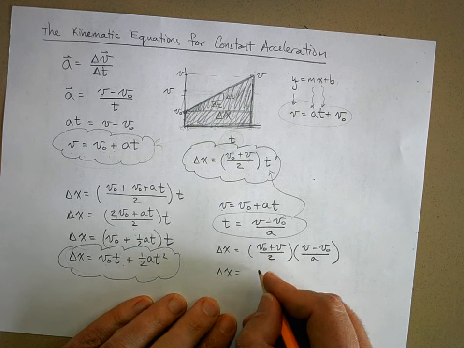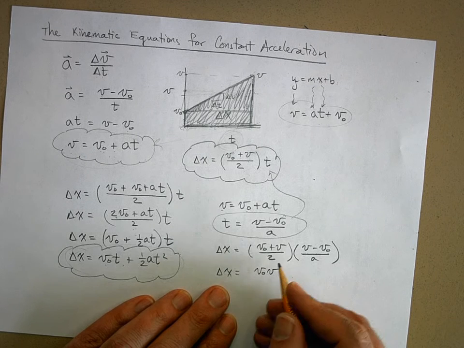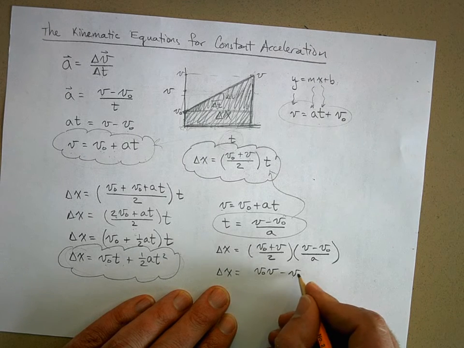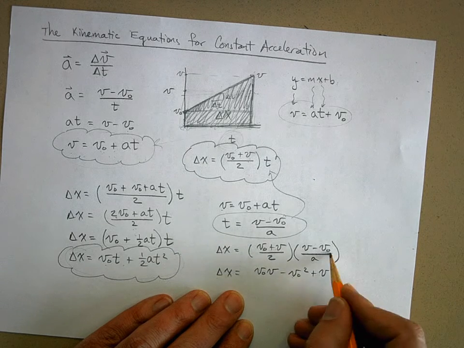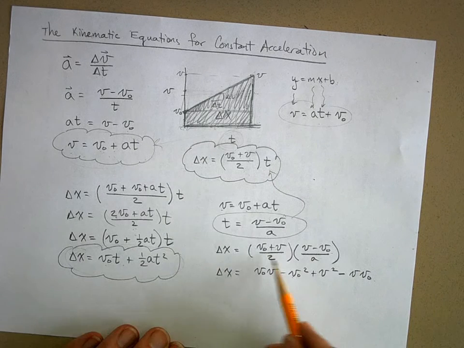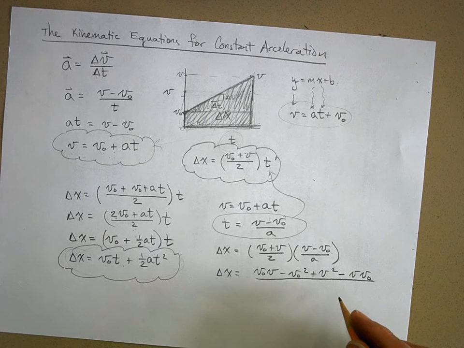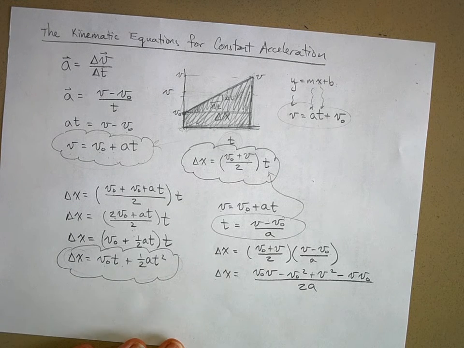This is v naught times v, and this is minus v naught squared. This is going to be plus v squared minus v naught. So I just multiplied, divided by 2a. Okay? You see what I did algebraically there?